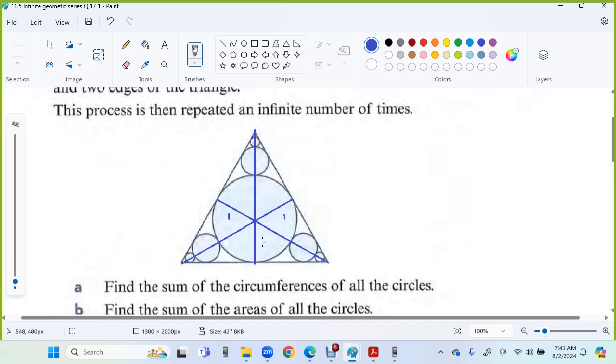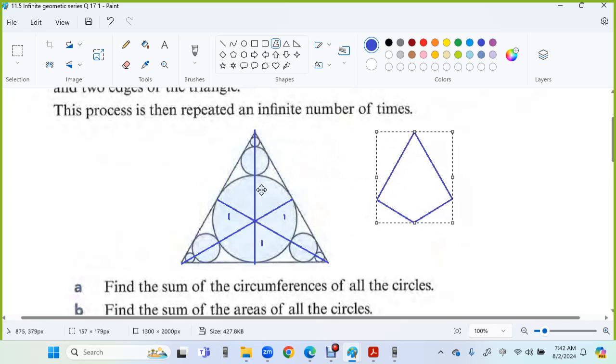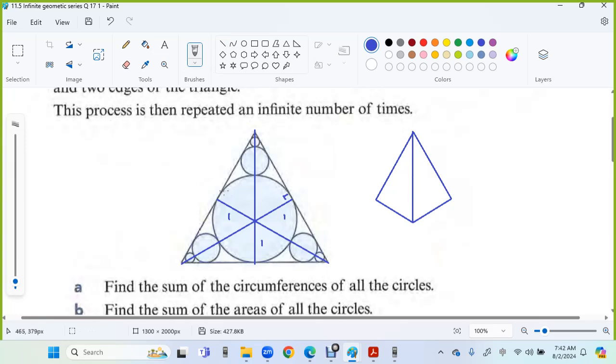This is 1, this is 1, this is 1. And we look at this part only. So this is two right angle triangles, because it is a tangent. So this is 1 here, 1 here, and then the angle here will be 60 degrees.